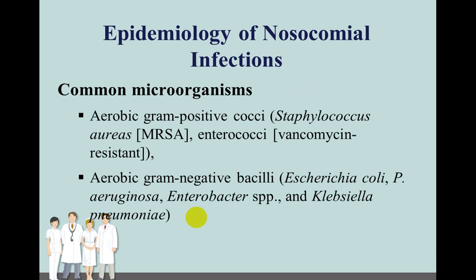Common microorganisms which may cause nosocomial infections: aerobic gram-positive cocci, Staphylococcus aureus, the most famous being MRSA, methicillin-resistant Staph aureus, Enterococci, again the vancomycin-resistant, and aerobic gram-negative bacilli: Escherichia coli, Pseudomonas aeruginosa, Enterobacter species, and Klebsiella pneumoniae.